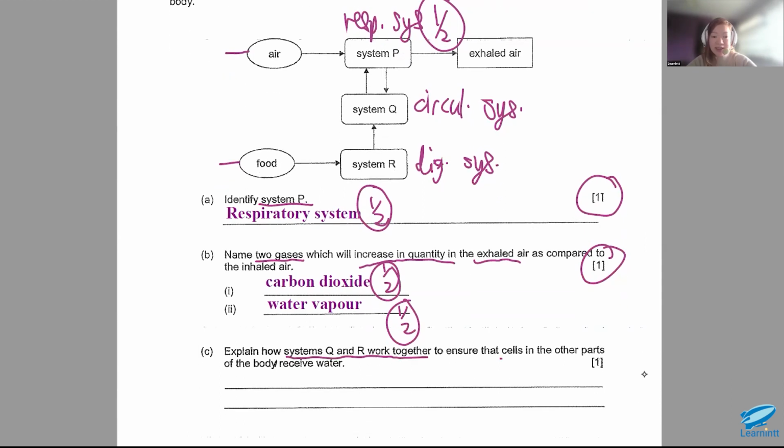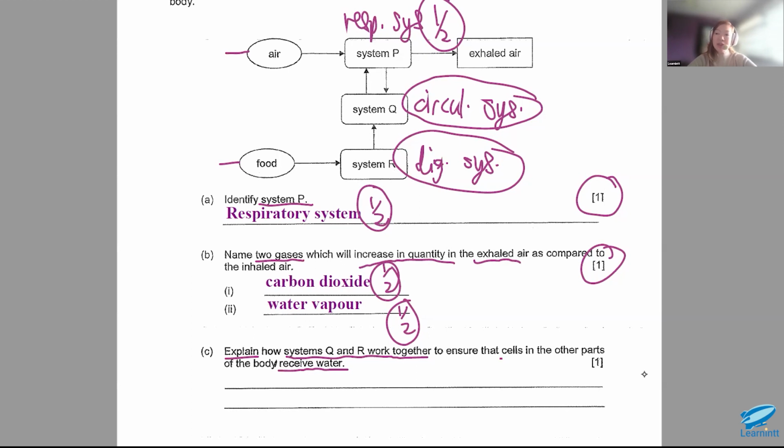Next, explain how systems Q and R work together to ensure that cells in the other parts of the body receive water. So going back to the diagram, system Q is the circulatory system, system R is the digestive system. Water would first be in the digestive system, but which part in the digestive system? You have to mention that. Then talk about the circulatory system.